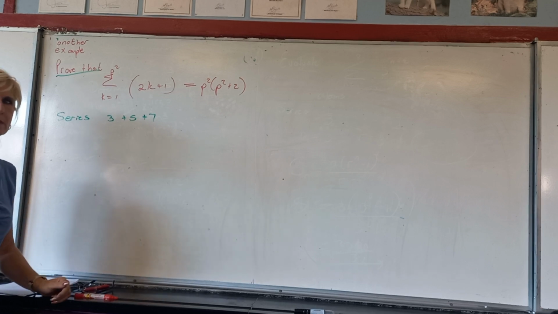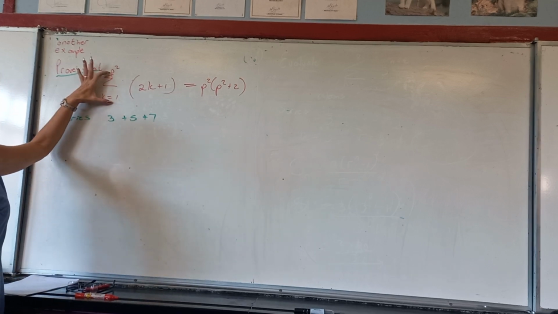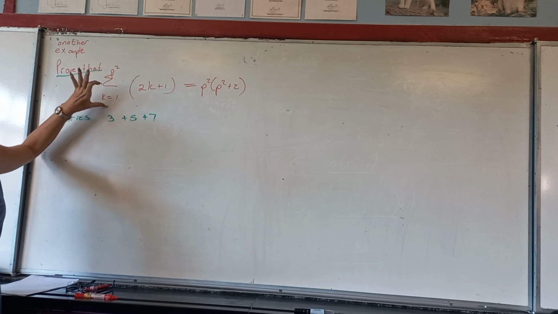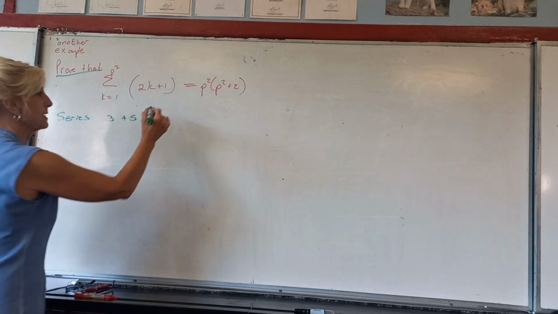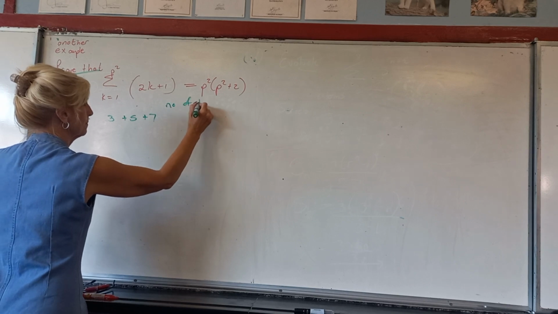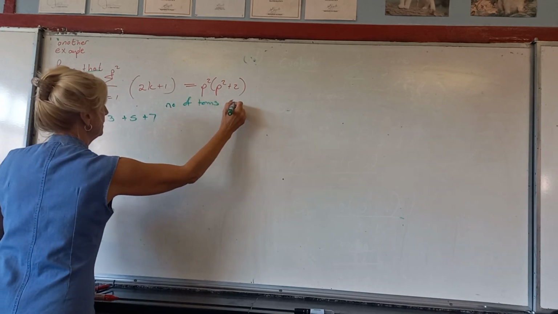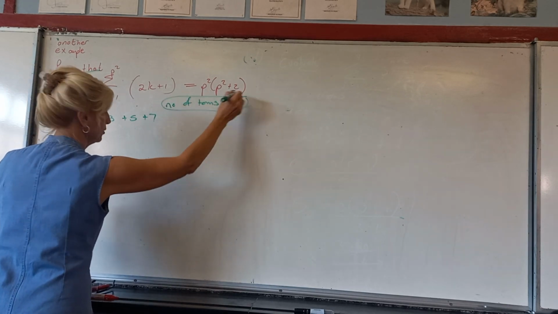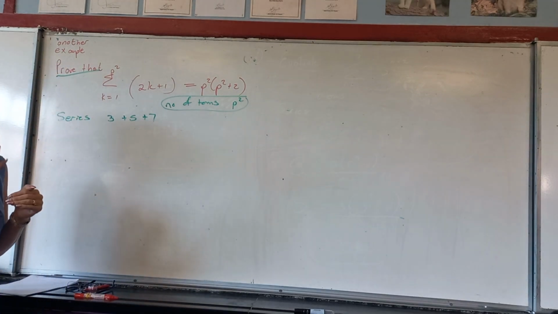Are you with me here? How many terms in this sequence? P squared, because it's still p squared minus 1 plus 1. So there's a number of terms. It's still going to be p squared, which is strange, but it's okay, it's higher level.